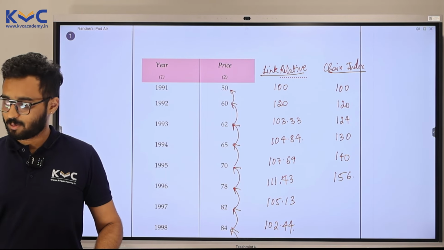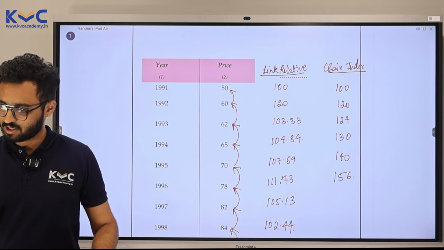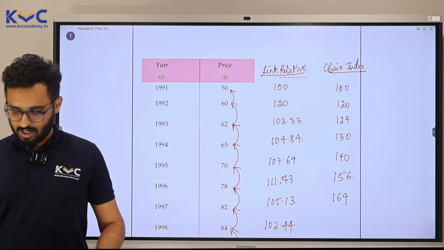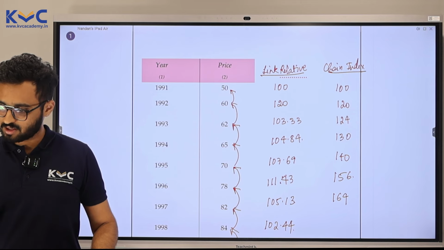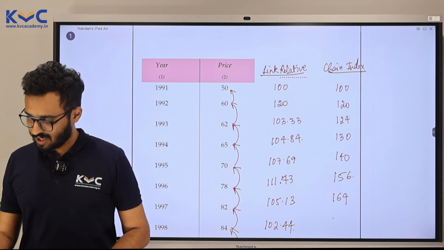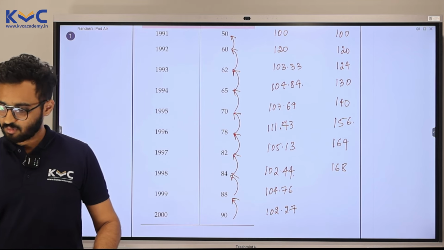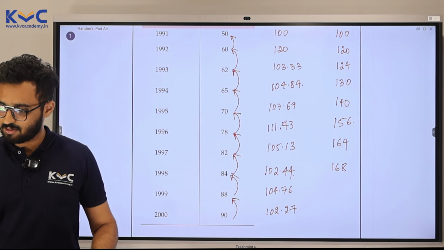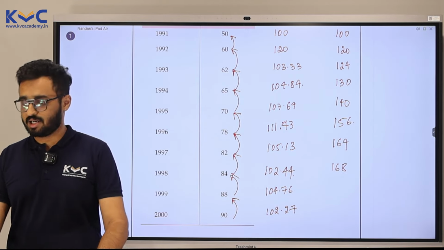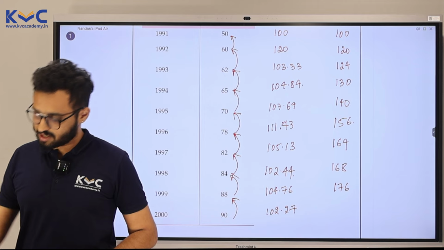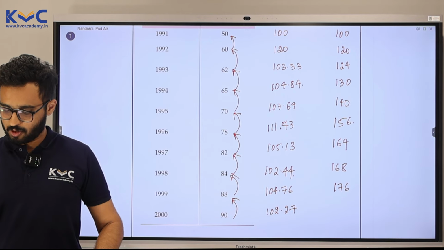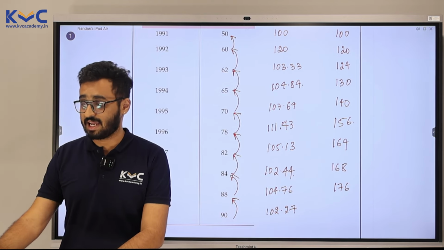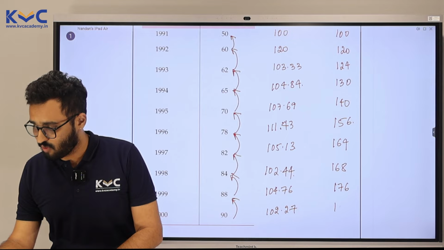Next, 105.13 into 156 divided by 100, you get 164. 102.44 into 164 divided by 100, you get 168. 104.76 into 168 divided by 100, you get 175.99, which is 176. 102.27 into 176 divided by 100, you get 179.99, which is 180.